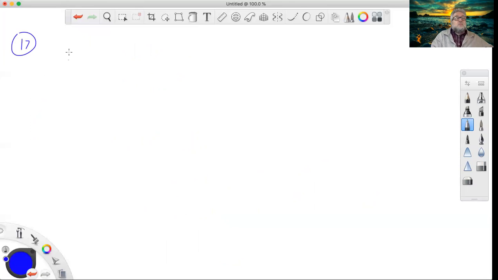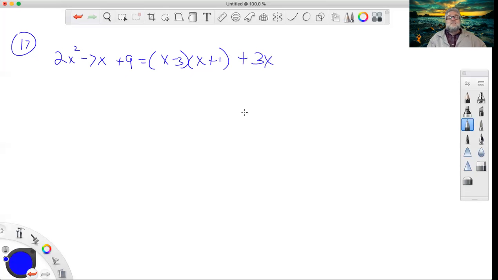Okay, this is a simple problem. You're going to enjoy this. 2x squared minus 7x, not so bad so far, plus 9 equals x minus 3 times x plus 1 plus 3x. Could that be any more inconvenient?